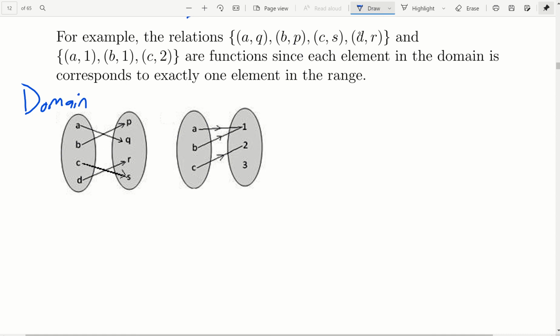The range would be the values Q, P, S, and R. Every single value in the domain relates to just a single value in the range. So A relates to Q, B relates to P, C relates to S, and D relates to R. So this is a function.